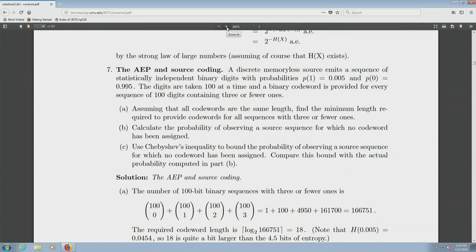So 2 to the something is equal to this. That's how many bits I would need to take care of that many words.